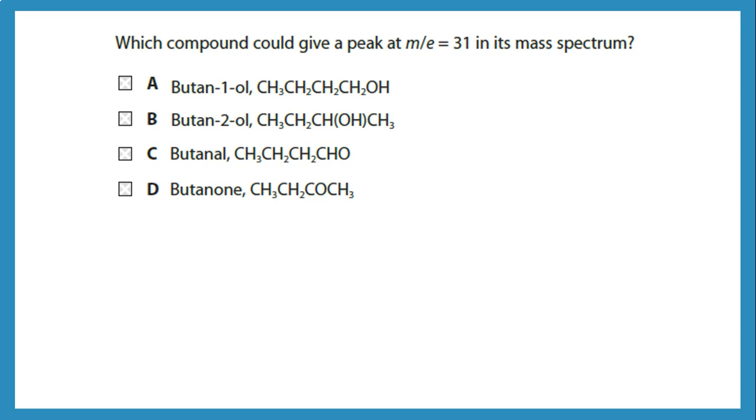That means which of these can I cut up into a fragment that gives m over e 31. So for A, for example, if I look at that fragment, it is m over e 31. But the others, if you look at them, you will find that none of them can give a part of the molecule that has m over e 31.